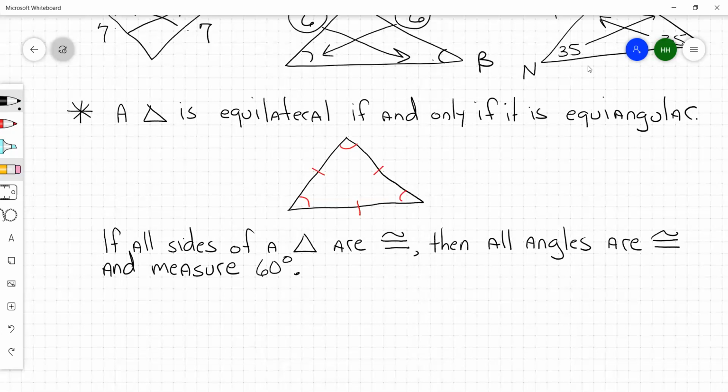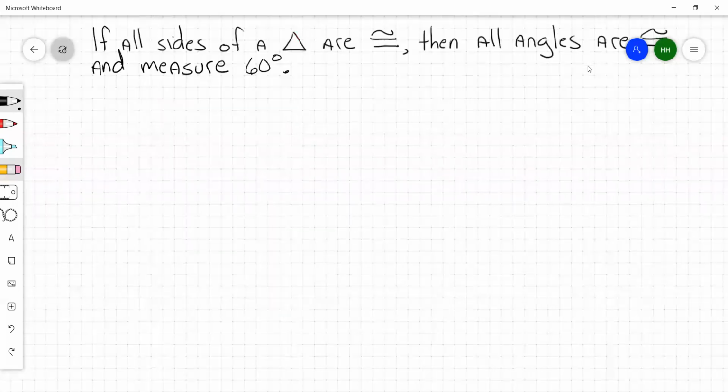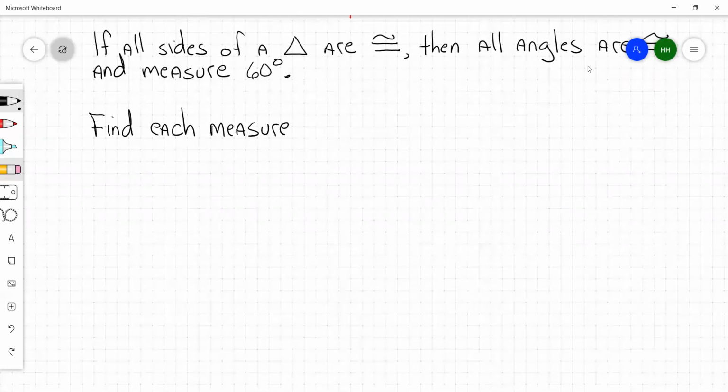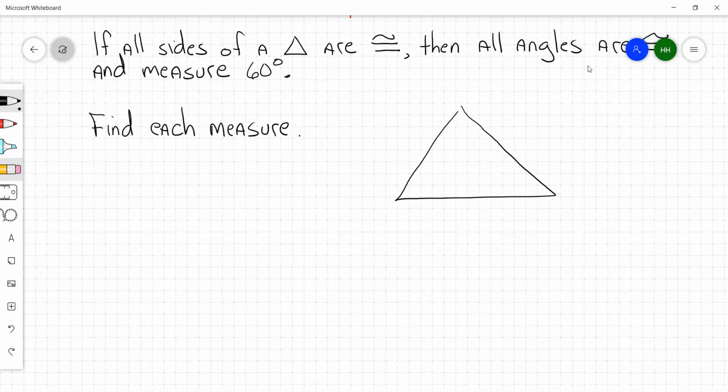All right, so let's apply some of these rules. We are going to find each measure. And in this case, we've got this triangle, triangle XYZ.